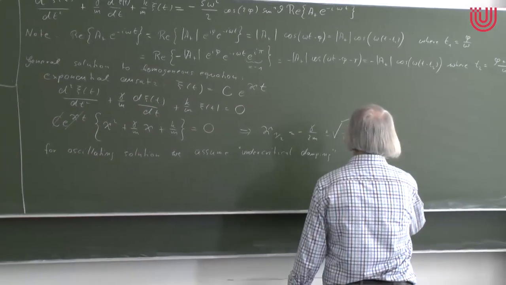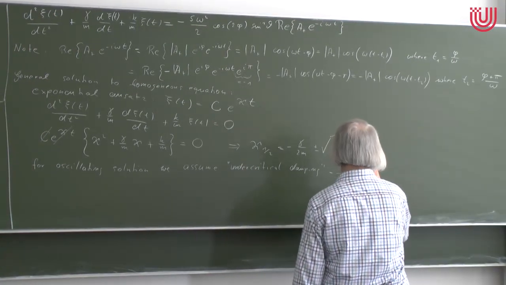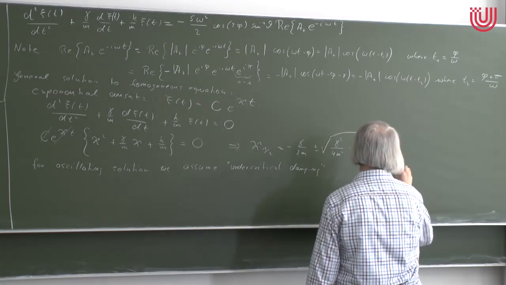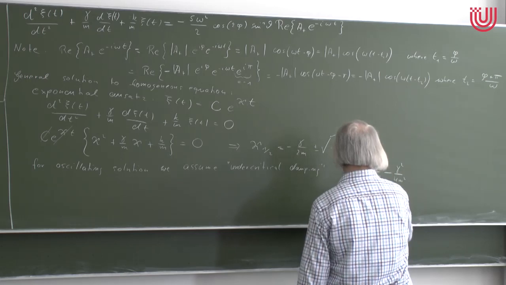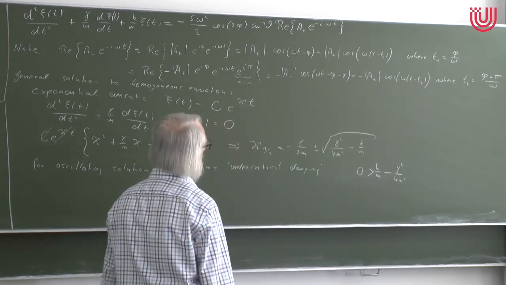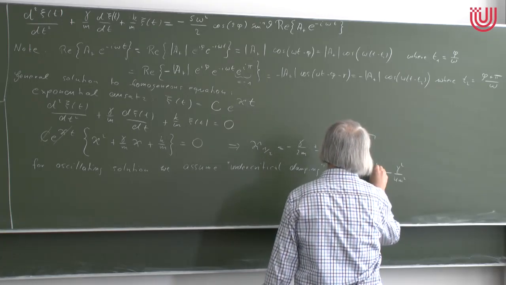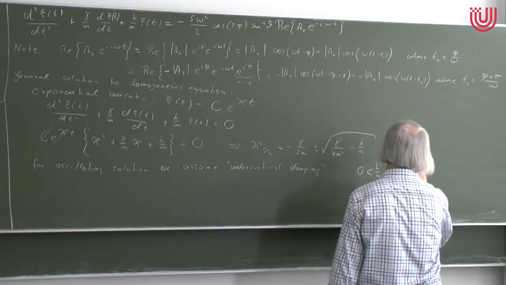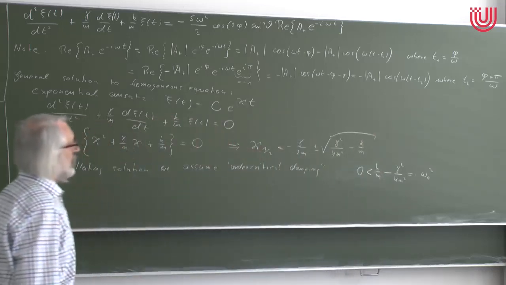Let me write it clearly. So I assume that minus gamma squared over 4m squared plus k over m is positive. Sorry, it's positive. If it's positive, I can write it as the square of a real number, and I call this omega naught. Omega naught is real now, by assumption.